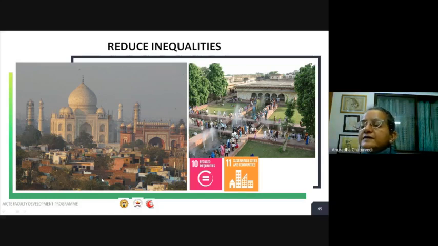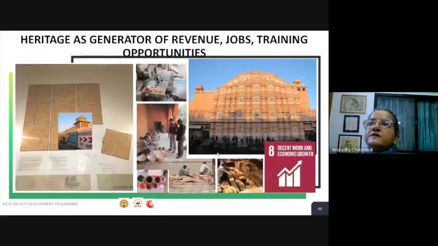And on the right side, you can see the integration of the heritage resource, which is the design garden, which I had shown you earlier, which is resulting in an improvement in the environmental conditions of the historic center of Deep, as well as reducing inequalities in terms of access to green and open spaces.